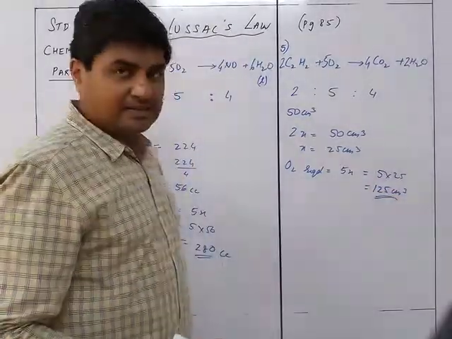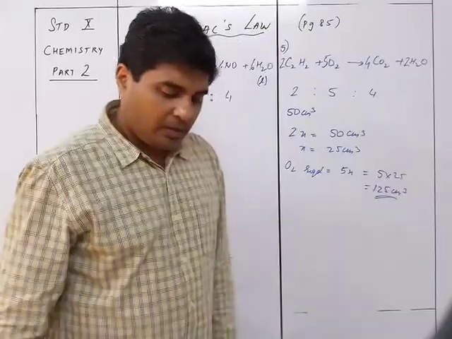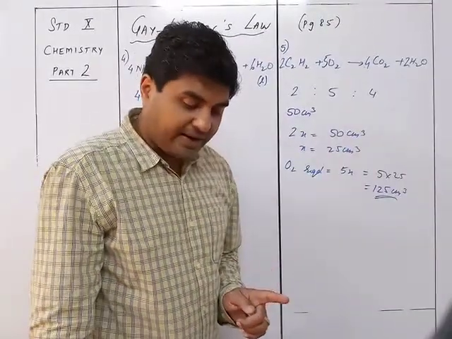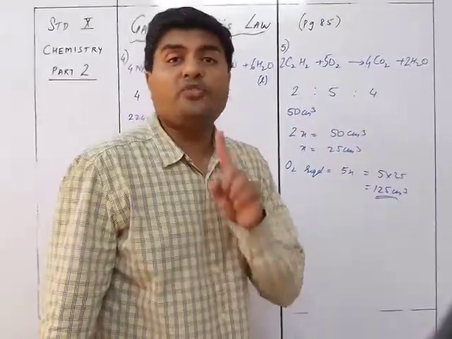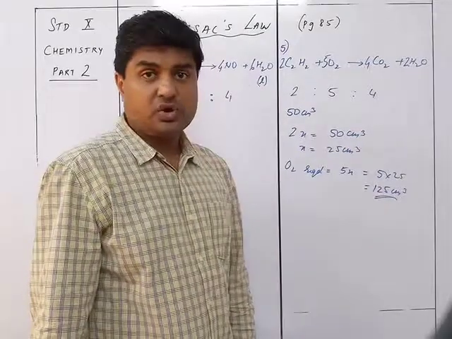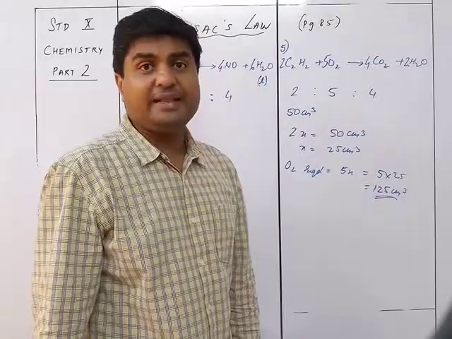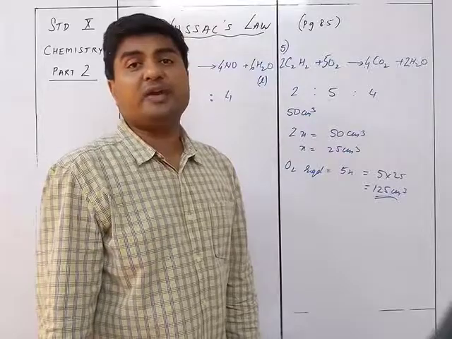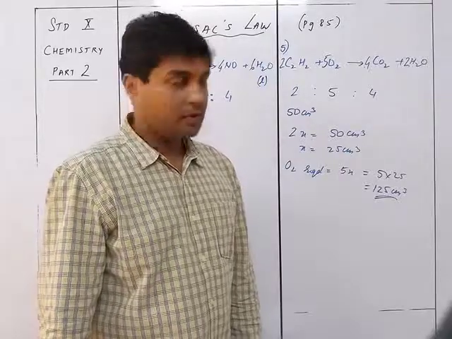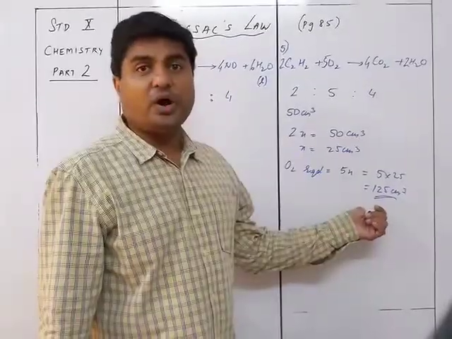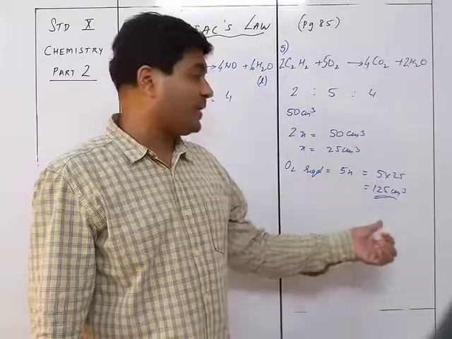As such, this is the answer, but remember what is asked. They are asking to calculate the volume of air required. So it's not oxygen, we talk about air, and they say that 20% of the air is oxygen. So that means 20% of the air which is required is 125.